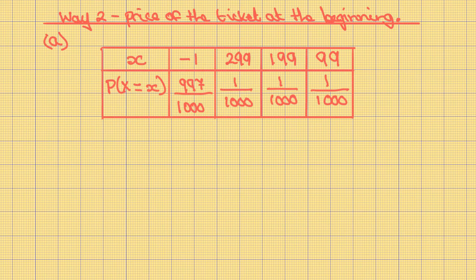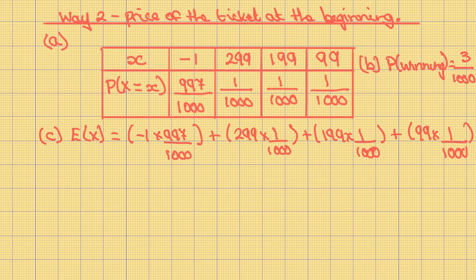If you win second prize, you actually win $199. If you win third prize, you actually win $99. These are the prizes after you have removed the price of the ticket. B. Again, the probability of winning is 3 out of 1,000.